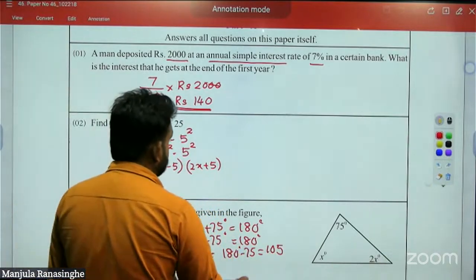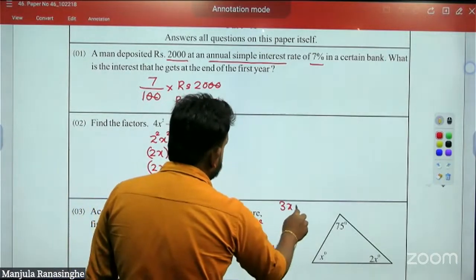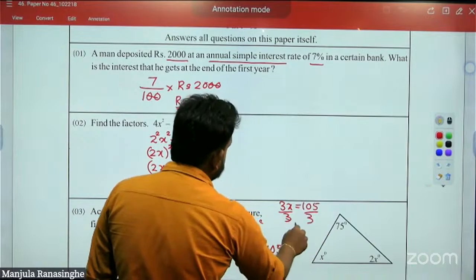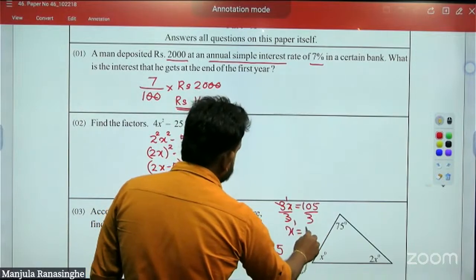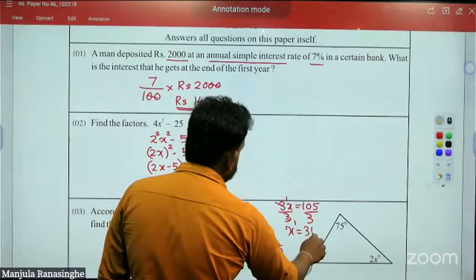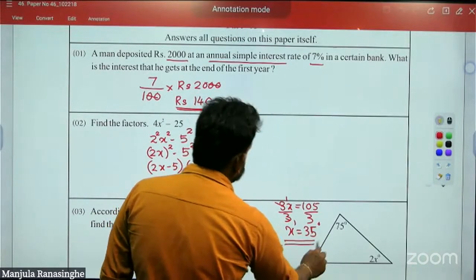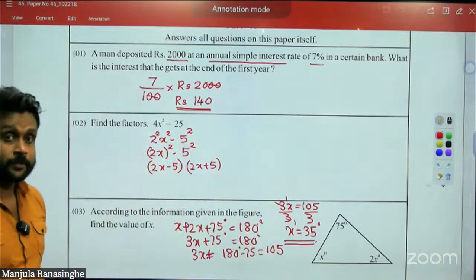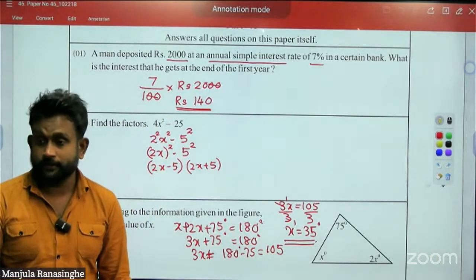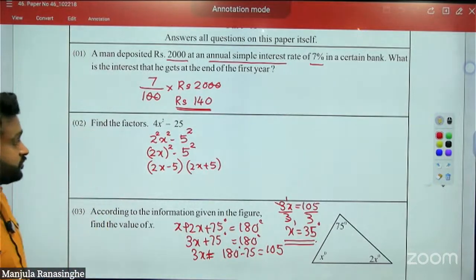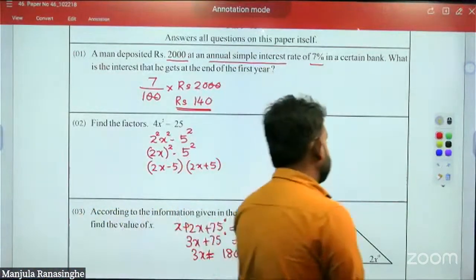Then x is, just divide both sides by 3. So x is 35 degrees. Got it? These are the answers for the first 3 questions, using the triangle angle sum.